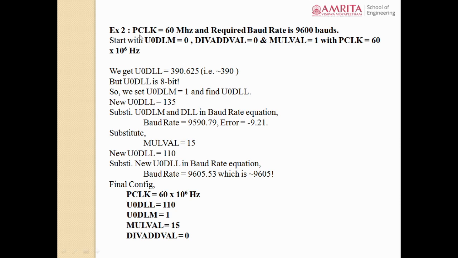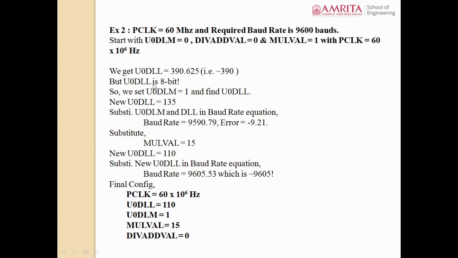So here we are starting with PCLK 60 MHz, U0 DLM 0, divide value 0, mul value 1. When you substitute all these, you will get the U0 DLL value as 390. 390 in decimal cannot be represented in 8 bits.